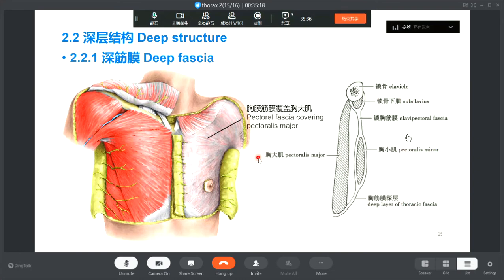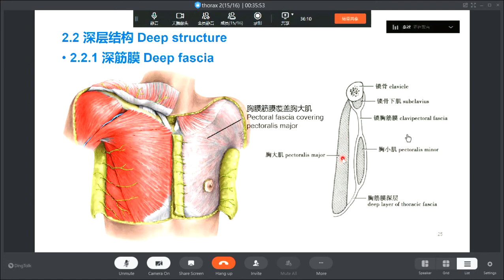Okay, and in the last class I also introduced the deep fascia. So do you know in our thoracic wall, the deep fascia is called the pectoral fascia, which covers the pectoralis major.